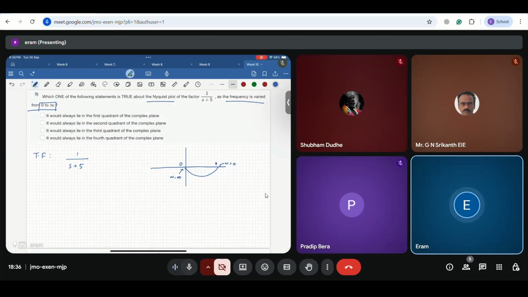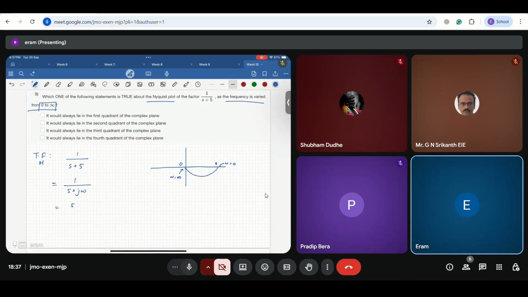Another thing, if you don't remember, because there are so many things to remember, you can just find out the magnitude. Let's say I'm calling it m. So I can write this as 1 by 5 plus j omega, right?